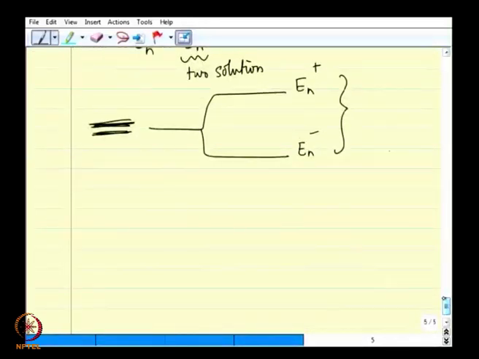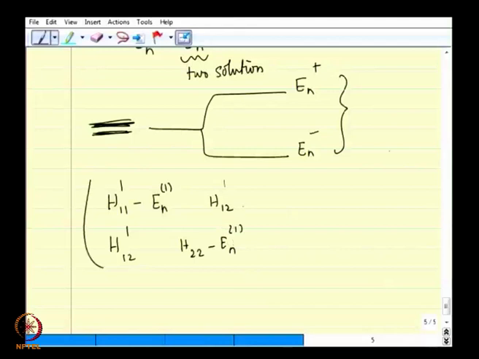What about the wave function? Now we have the matrix H11 minus En1, H12, H12, H22 minus En1. This multiplied by C1 C2 is equal to 0.